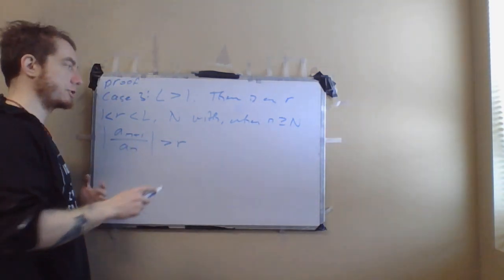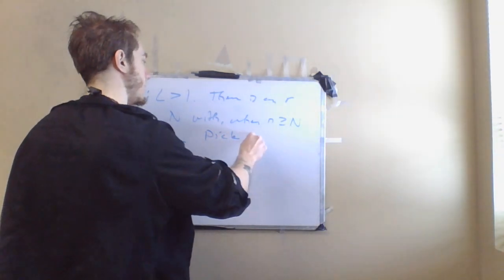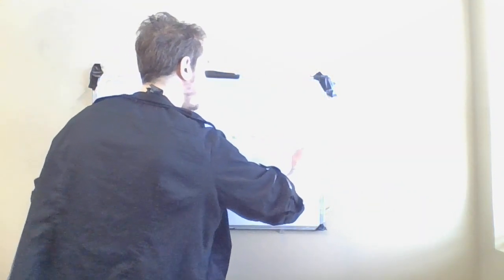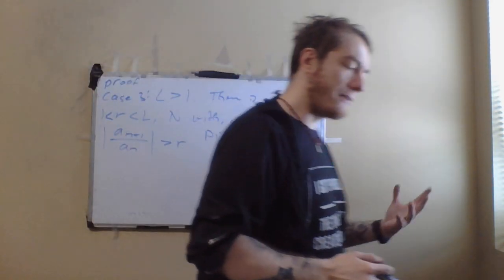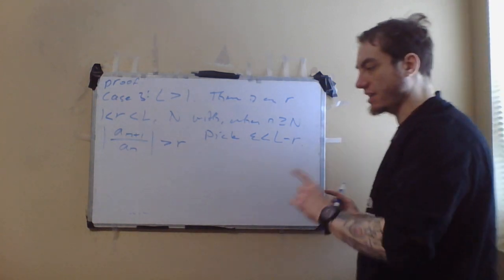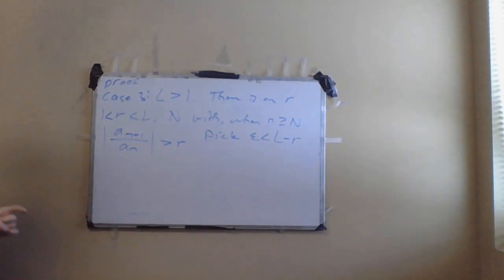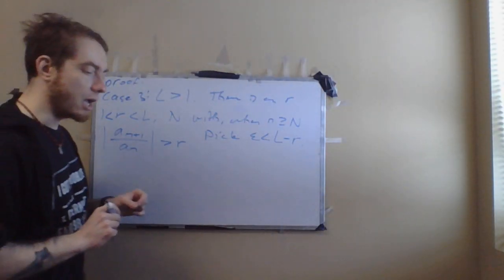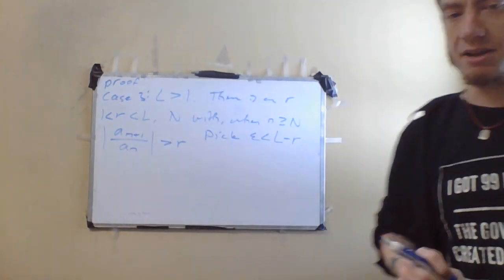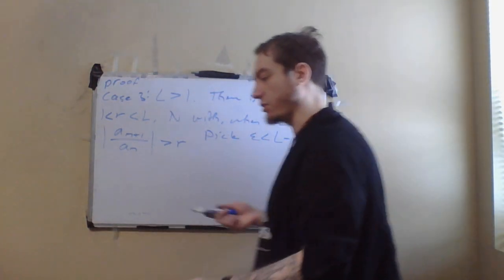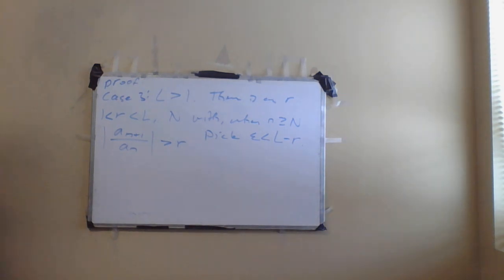Once again, you're just going to pick an epsilon that is smaller than, this time, L minus r, and you get this result. Okay, from here on out, this is almost identical to case 1, so I'm not going to write out all of the details for you. If you're really interested in seeing all the details written out, you can work them out yourself pretty easily, or you can check, there are plenty of sources that will give you all the details. But literally, the proof at this point is almost the same.